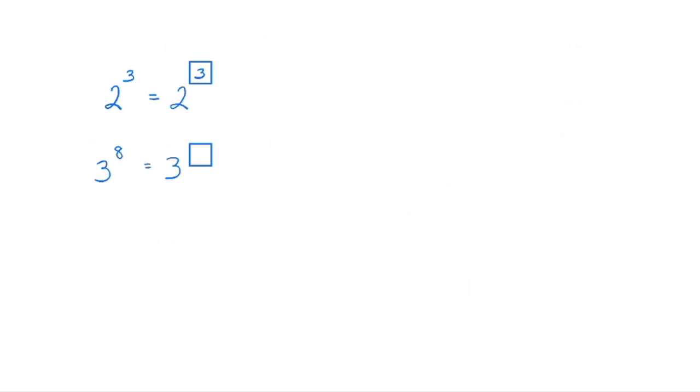If I give you 3 to the power of 8 and I tell you it's equal to 3 to the power of something, what would that exponent have to be? Well, it would also be 8. If I give you negative 5 in brackets to the power of 3 halves and I tell you it's equal to something with the same base, we know that that exponent has to be the same.